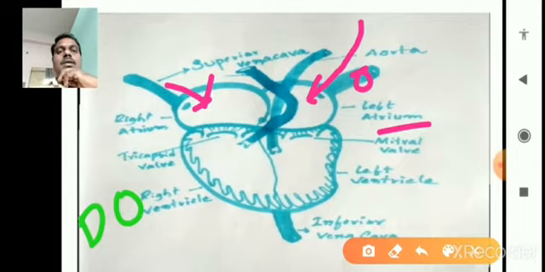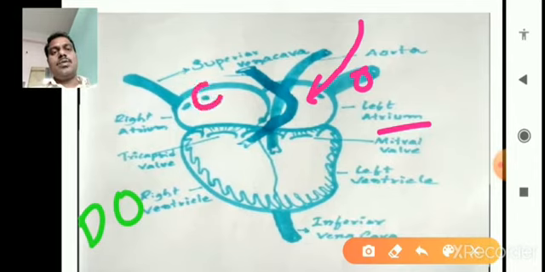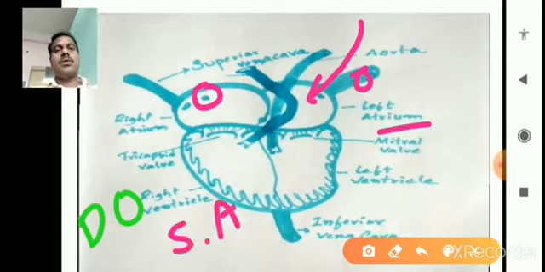When the right atrium fills with blood, and the left atrium as well, we observe that one node is present, which we call the SA node, the sino-atrial node. It is present near the Eustachian and Thebesian valves, which are opened by the inferior vena cava and superior vena cava.